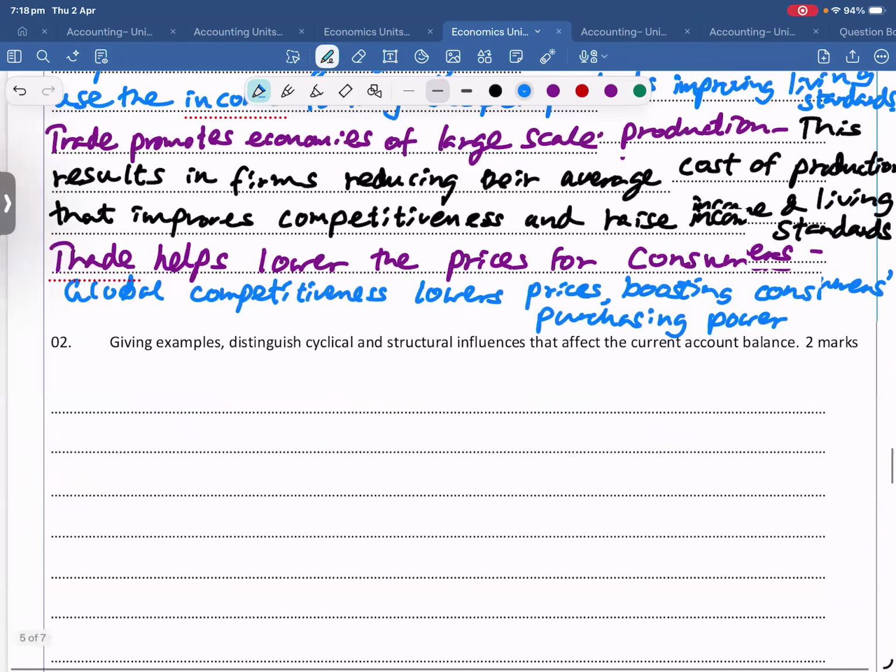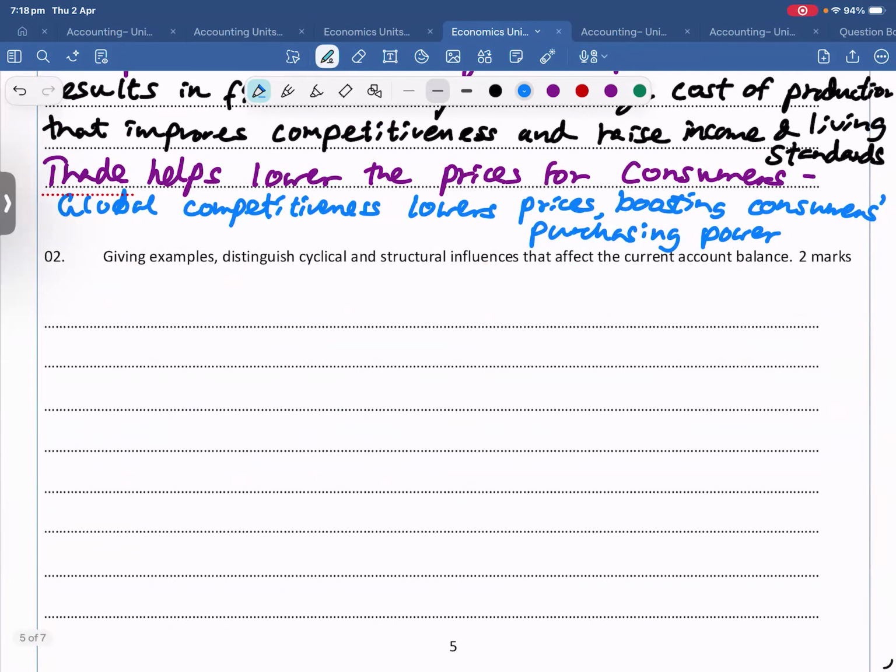What are the cyclical and structural, guys? Shall we discuss?